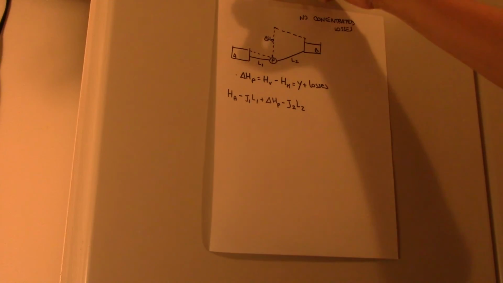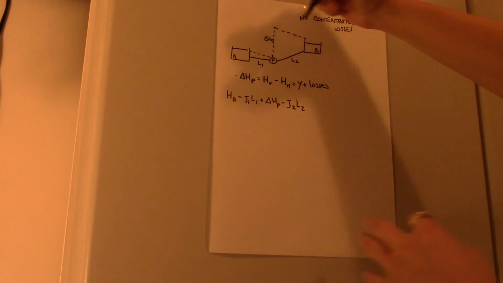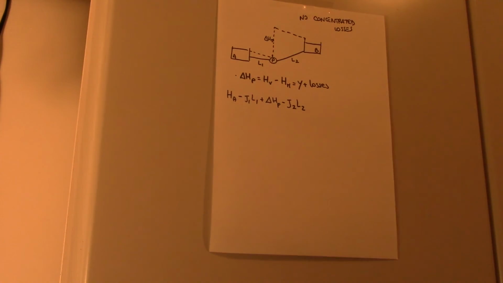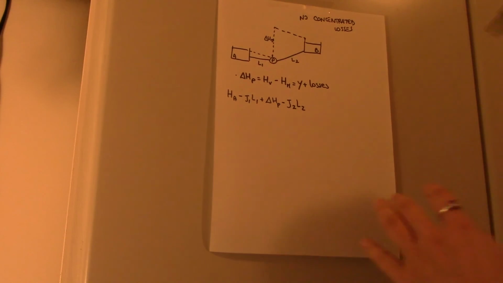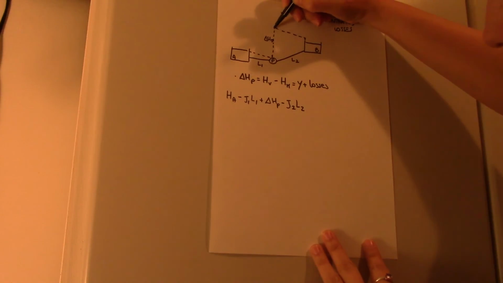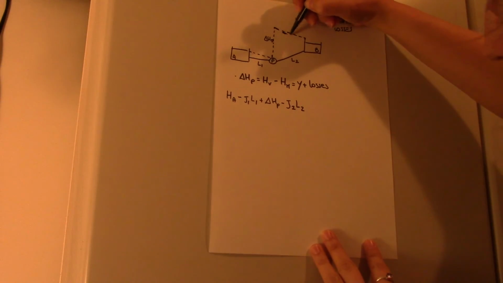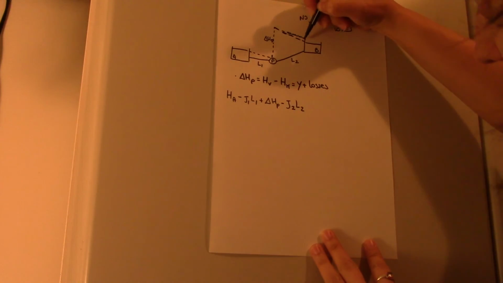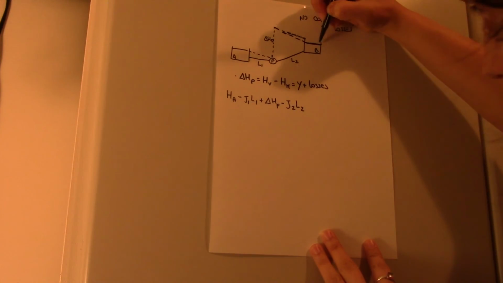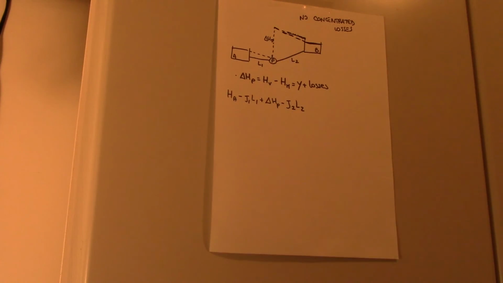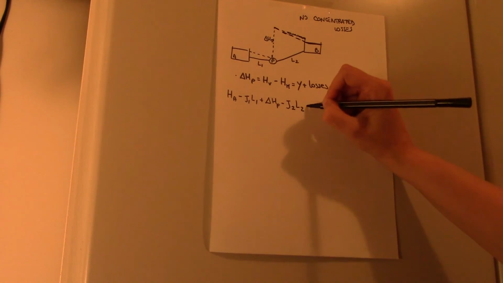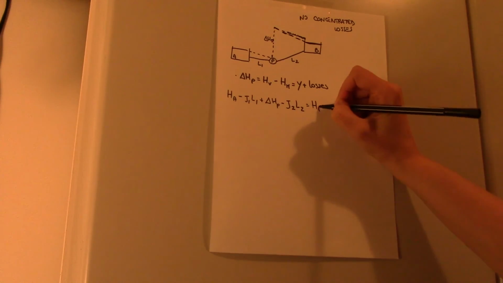Sorry, this is not good, this is the true line, so forget about this, because we are reaching the level, and I don't have anything to erase it, but anyway, and everything is equal to HB.